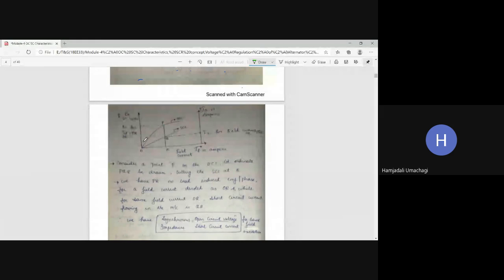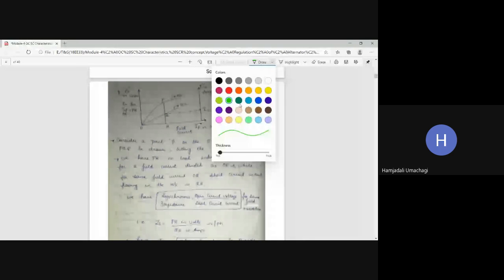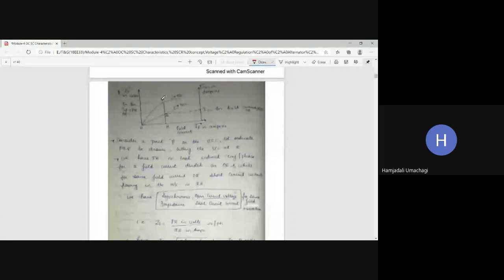Now using this OCC and SCC, we are going to calculate the synchronous impedance ZS value. Consider a point P on the OCC, and let ordinate PQR be drawn.